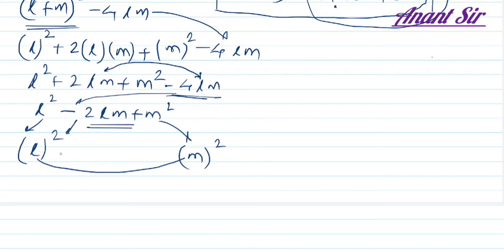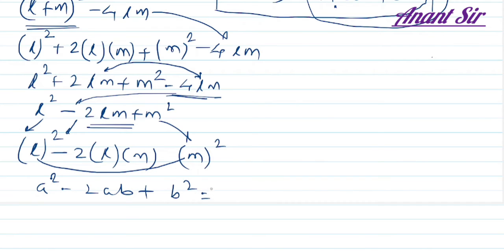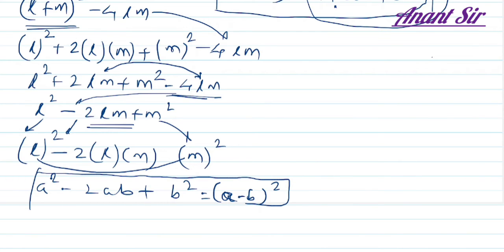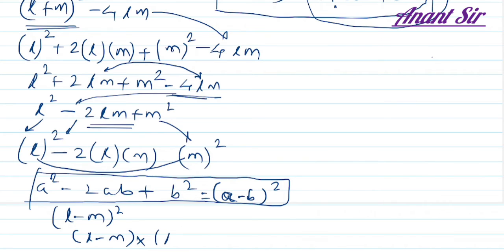Yes, in fact, it is already written in the form a square minus 2ab plus b square. So this is our final answer. (a minus b) whole square will be our final answer. So we just have to write the next step now, (L minus m) whole square. So this is our final answer, (L minus m) multiplied by (L minus m).